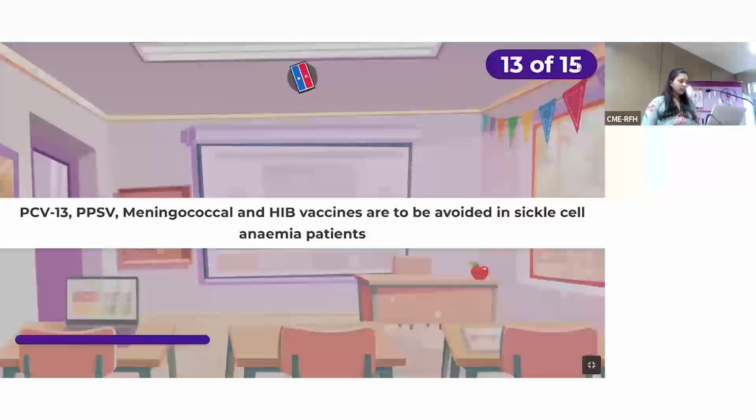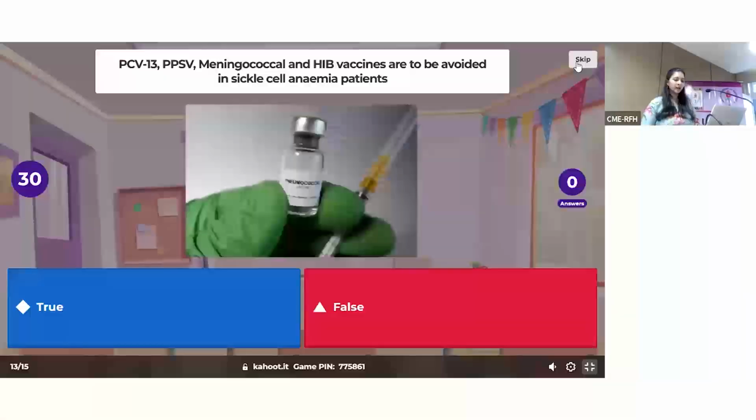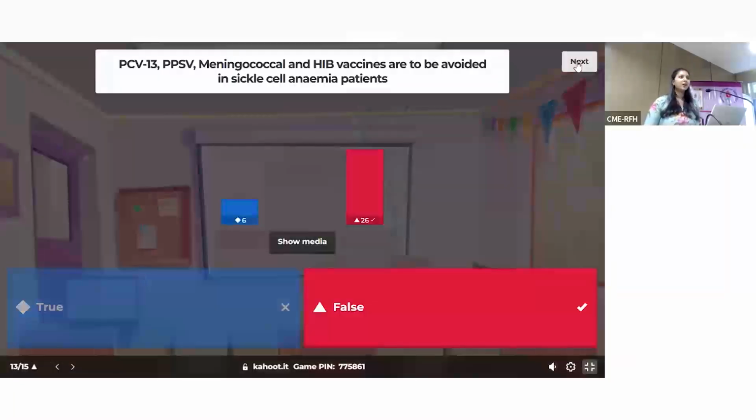Okay, PCV13, PPSV, meningococcal and HIB vaccines are to be avoided in sickle cell anemia patients. True or false? Easy questions, no?